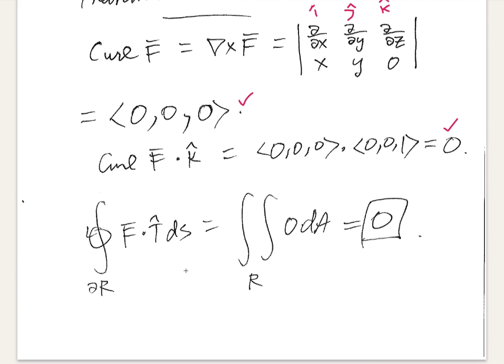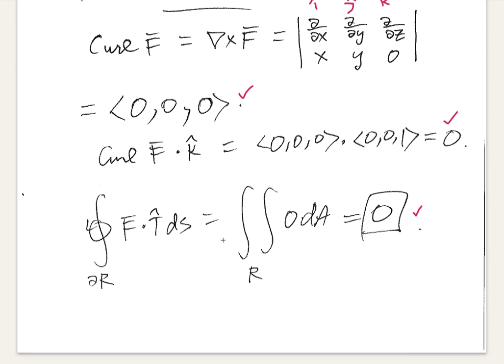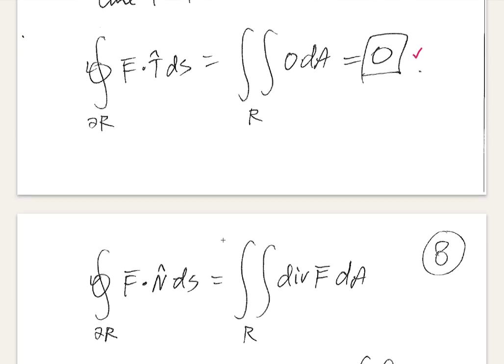So here the circulation is the double integral over R of 0, so that means it's 0. That means around the unit circle, you've got cancellation ultimately for one part of the curve compared to the other part for that particular field.